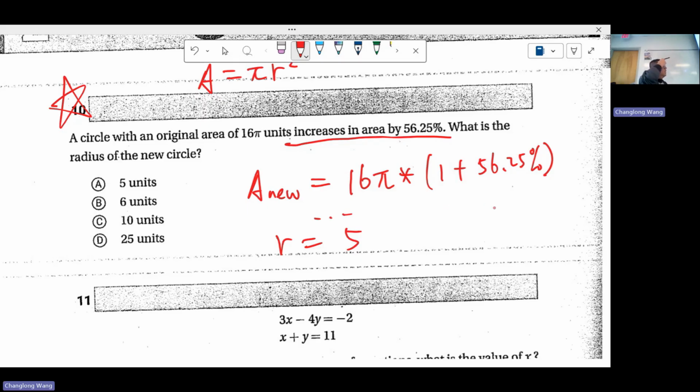Now, I think there will be questions very similar to this. For example, inflation or discounts, especially when they use percentages, it could get a bit confusing.